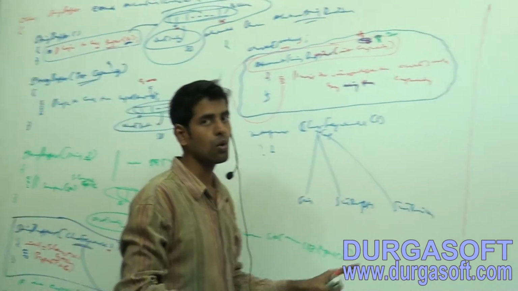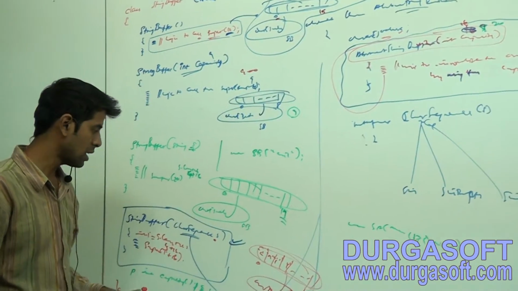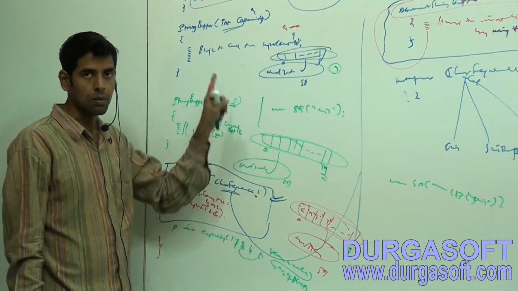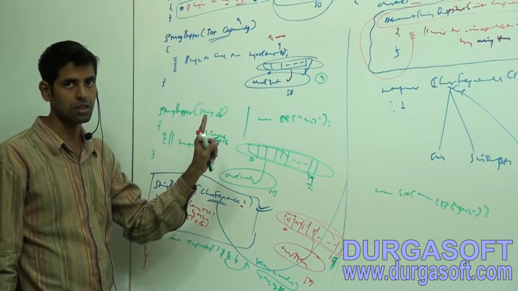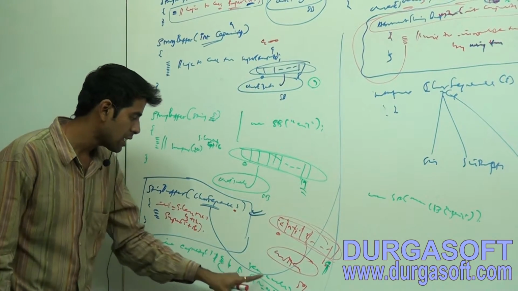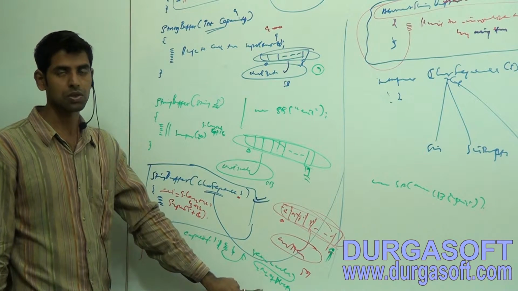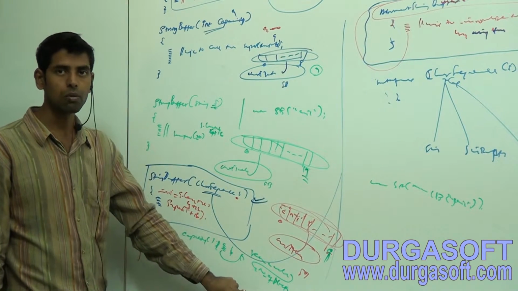How do we know that? Observe, we have one method called capacity within the StringBuffer class, which will return an int value representing the number of blocks.